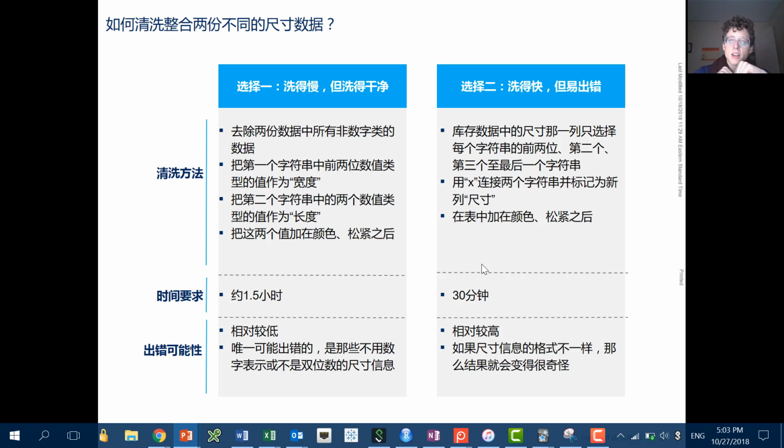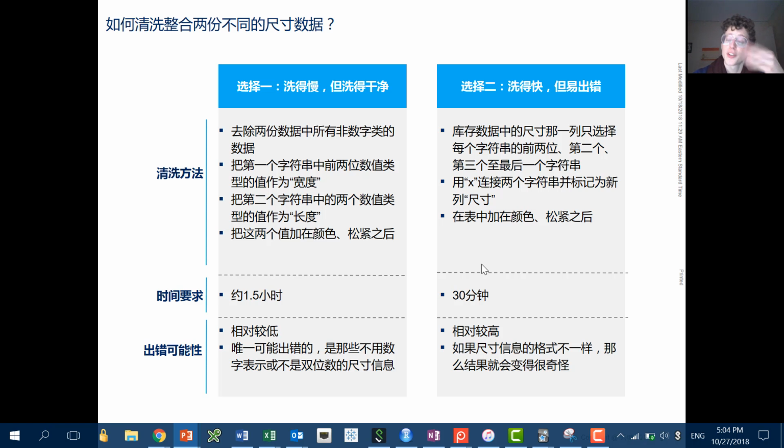Let me say that again. How much effort versus how much time do I need to put in? So effort versus time. Do I go fast and dirty, or do I go quick and clean?